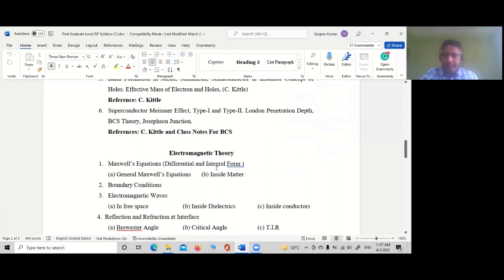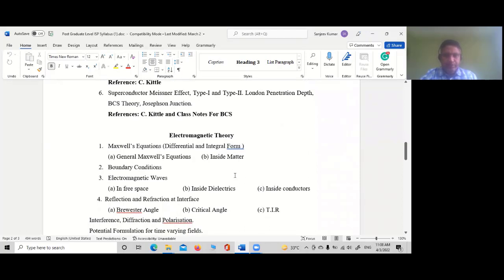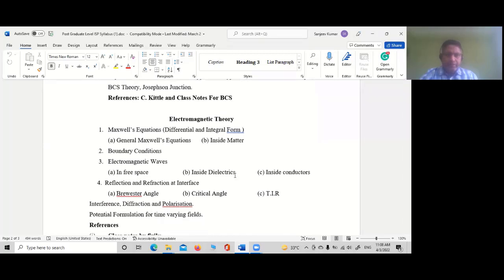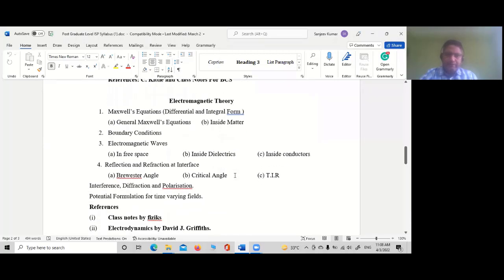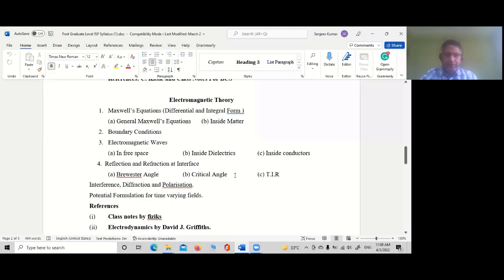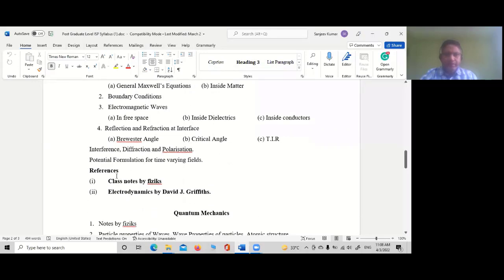Then you should also be comfortable with electromagnetic theory: Maxwell equations in differential and integral form, general Maxwell equations inside matter, boundary conditions.